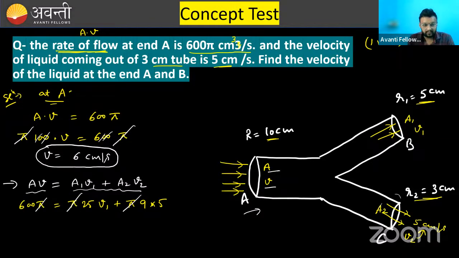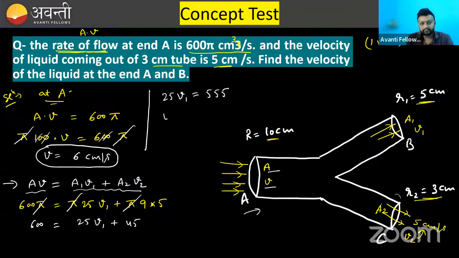So it will be 600 is equal to 25 V1 plus 45. If I solve it, 25 V1 is equal to 600 minus 45, so that will be 555. So V1 will be, if I solve it out, 22.2, it will continue like that. So this is the second answer.